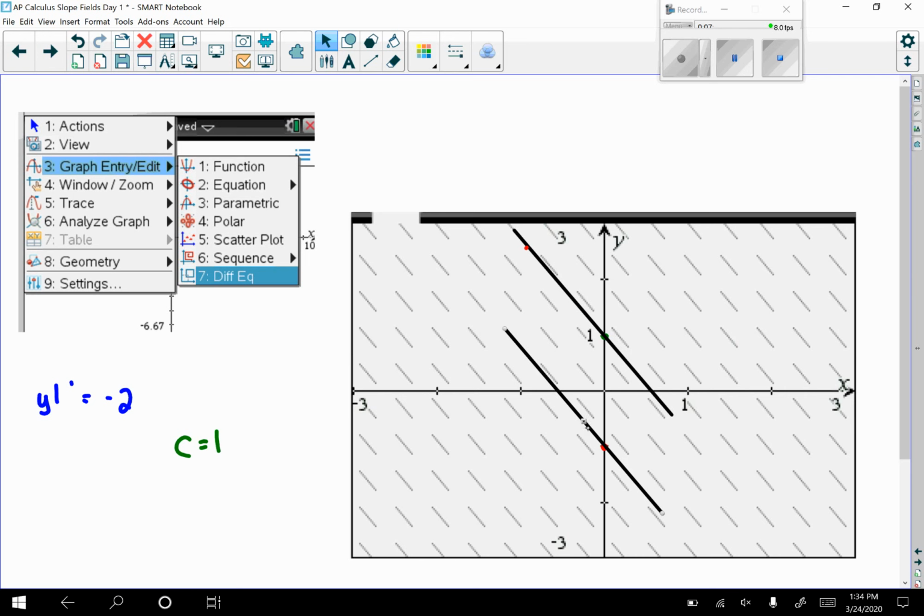So we could see that all of these look like they're going parallel to all these little slope lines in the slope field here. So this is how we would get our specific solution. So even if it's not going through an initial condition, we could change the value of C, but this is the idea. So these would be specific solutions that we're filling in here. All right, so nice way to check on the calculator as well.